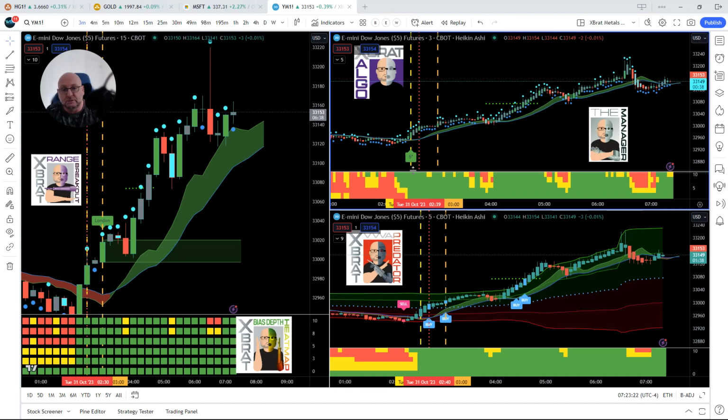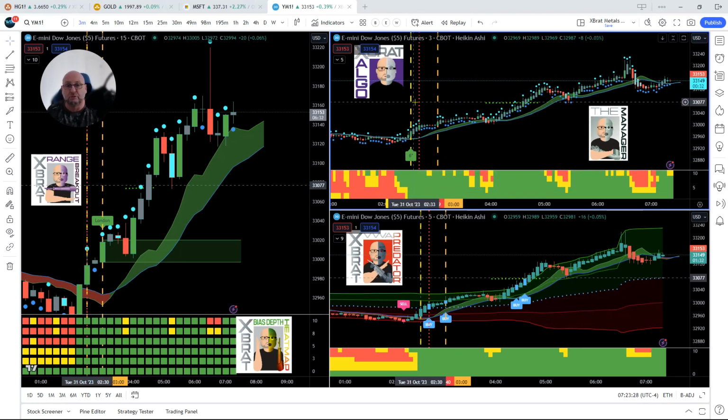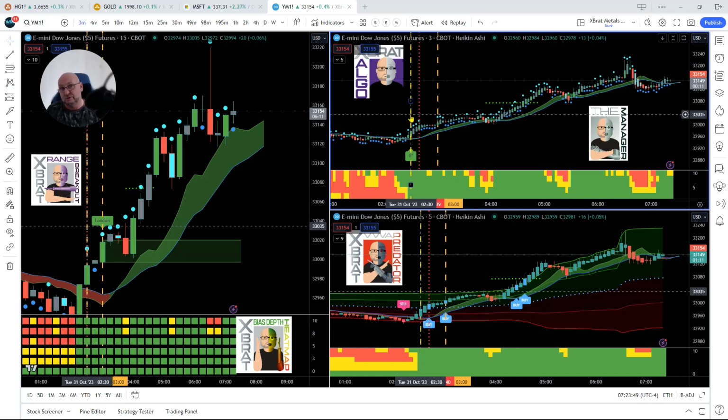Down below, the 6 time frames are all green on the Bias Depth Heat Map for that Agreat Algo signal. That's a good signal, but we're not going to go in that trade right now because we're sophisticated traders. We know we've got the London Open coming soon, and we're getting ready for that. That's in and around 2:30 a.m. EST, which is 8:30 a.m. in Europe.